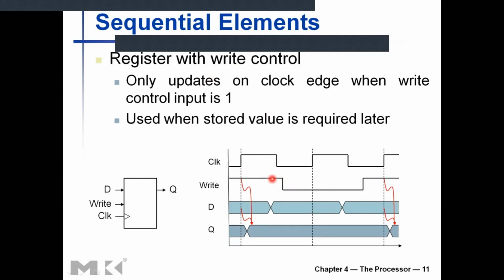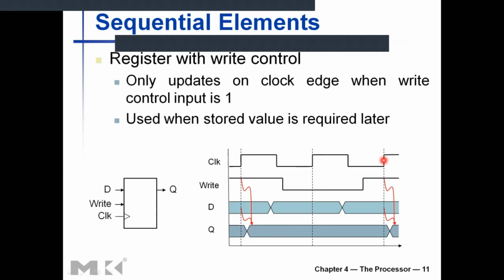Only if that signal is high will the operation happen at the clock edge. If the write signal is high, you take the input D into the state Q. Then if you take the next rising edge here in the middle of the diagram, you have the rising edge, but the write signal is low. It is 0. So you don't do the operation. You don't update the state Q.